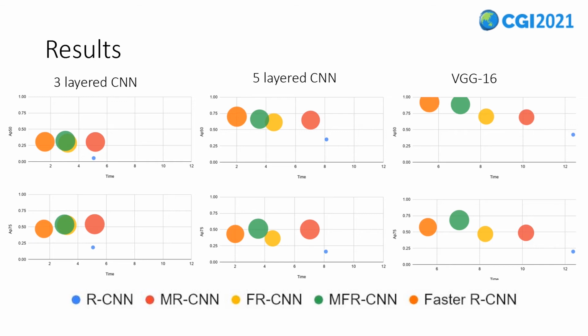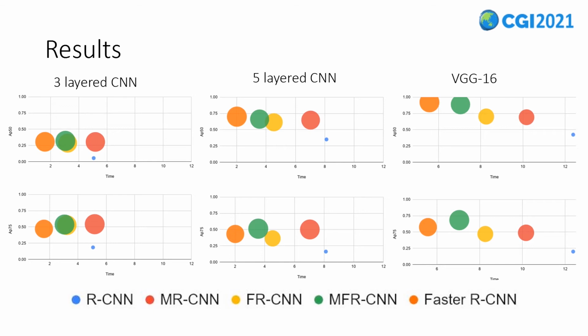Upon testing the trained models, the results show that the proposed models, MRCNN and modified FRCNN, achieved higher average precision and faster detection time for both IOU thresholds than their counterparts, RCNN and FRCNN respectively.